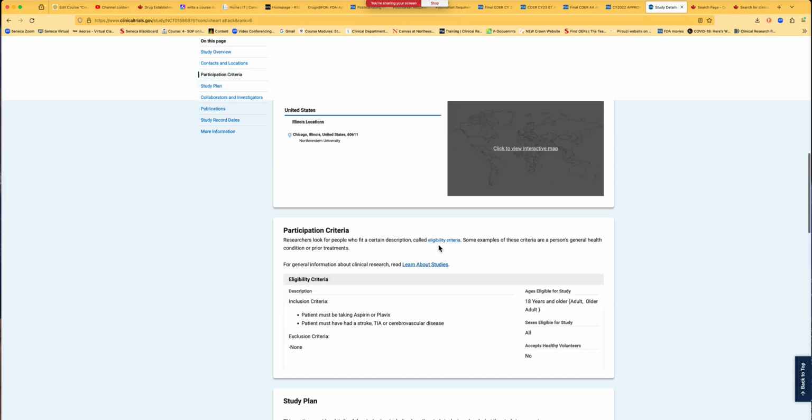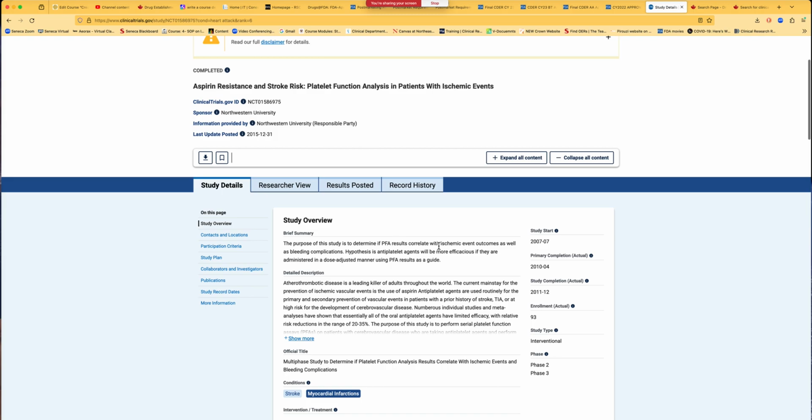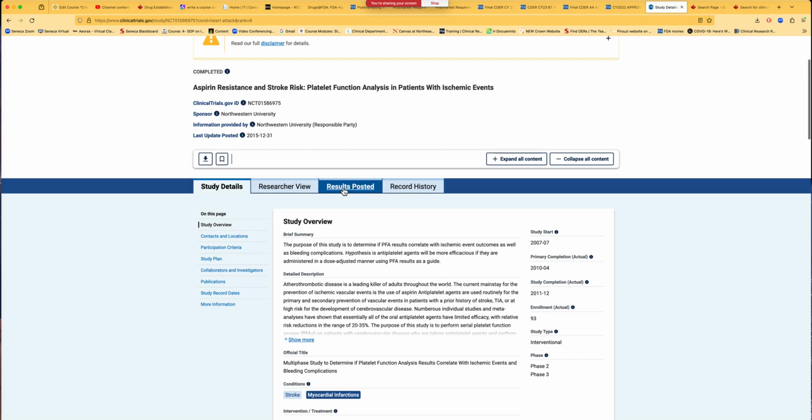And the reason why I chose this example was not only to go over the content of the protocol, because we saw the protocol here, but also to show you the results. So when you look at the results on the top, you're going to click on the tab Results Posted.